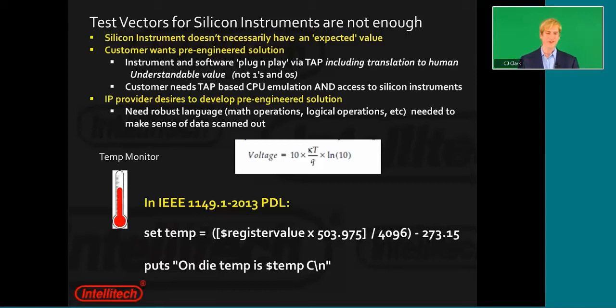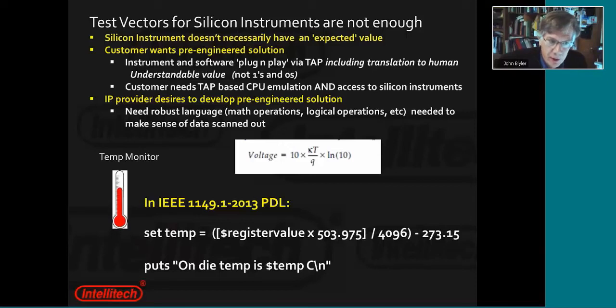A good example is this temperature monitor. The temperature monitor changes the voltage based on the temperature, and it uses an equation that's nonlinear. So rather than dealing with a bunch of ones and zeros like you have with test vectors, IEEE 1149.1 PDL gives you the ability to instantiate a formula in the PDL, such that you can print out to the user a temperature value in centigrade or in Fahrenheit. Wow, cool. All right.